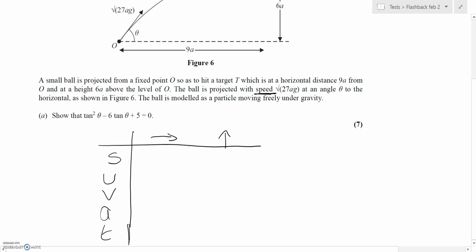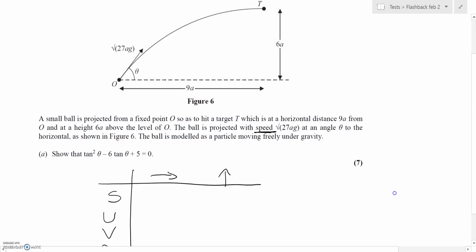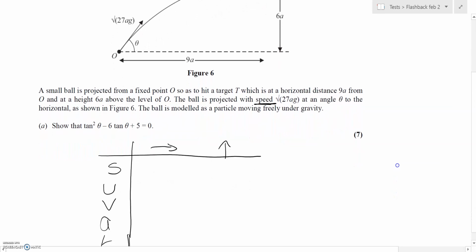Now I know in order to travel from where it started at O to hit the target T, it moved horizontally 9a and vertically 6a. Its initial speed was root 27 ag.